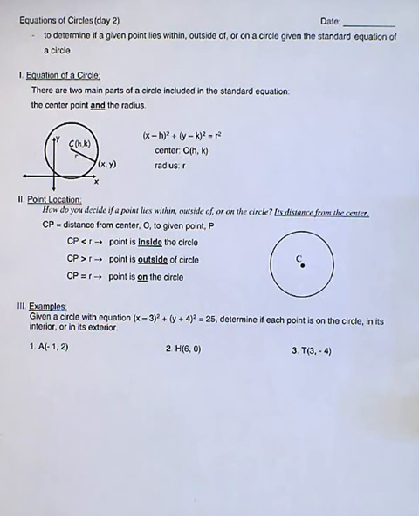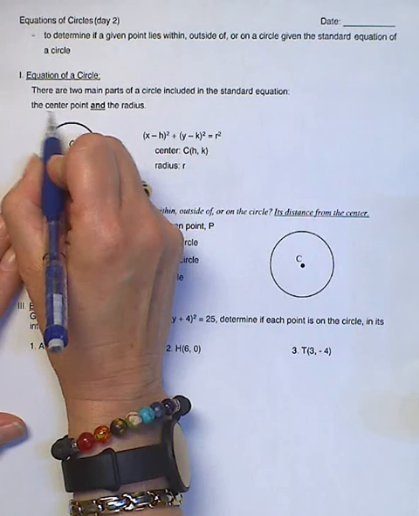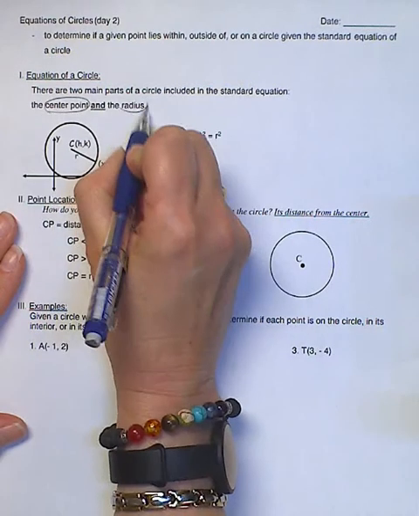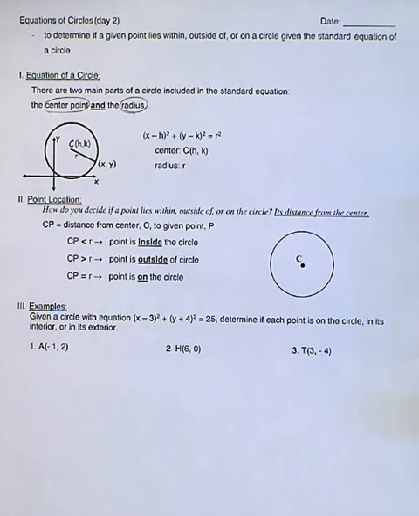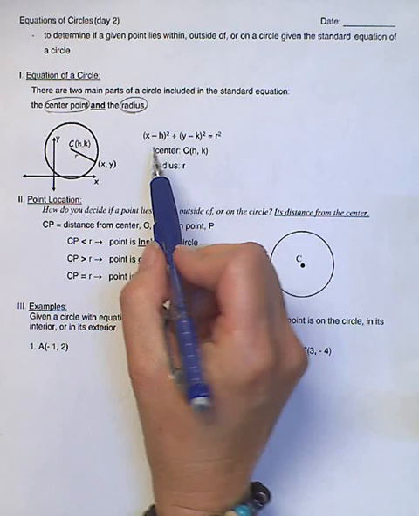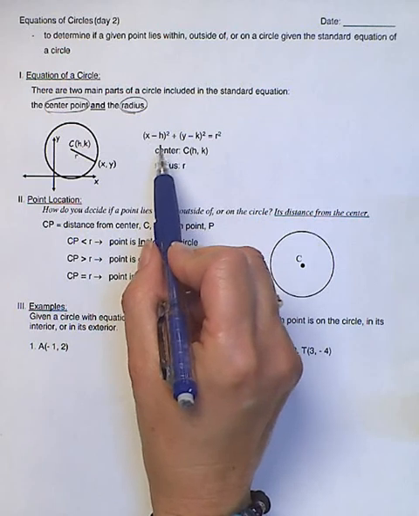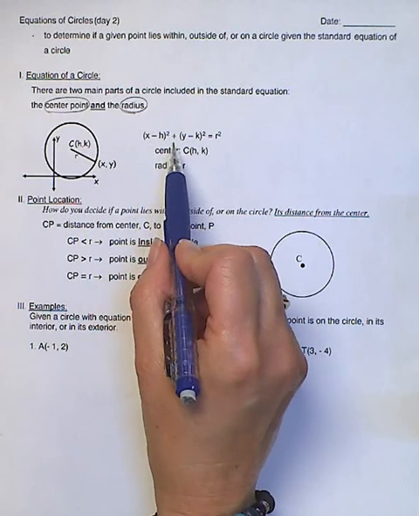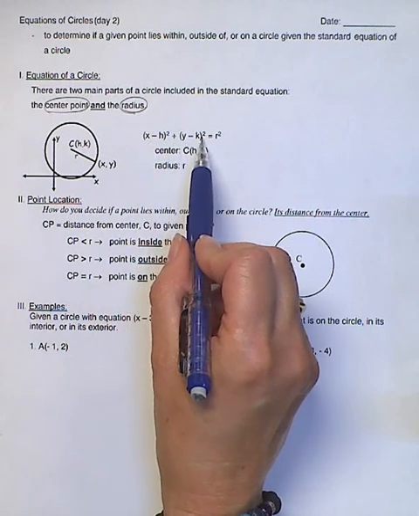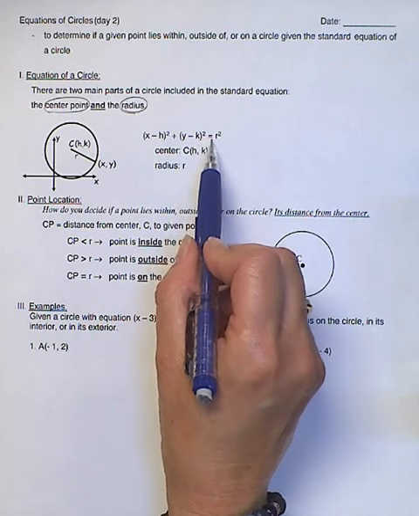There's the center point, and there's the radius. The equation of a circle is (x - h)² + (y - k)² = r².